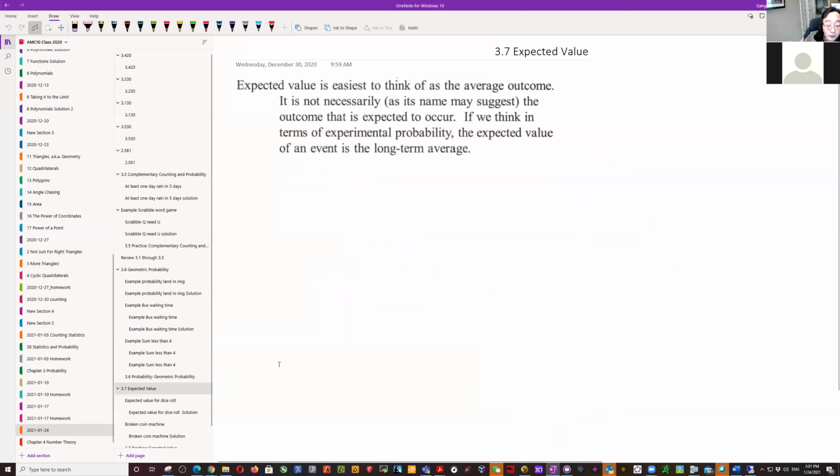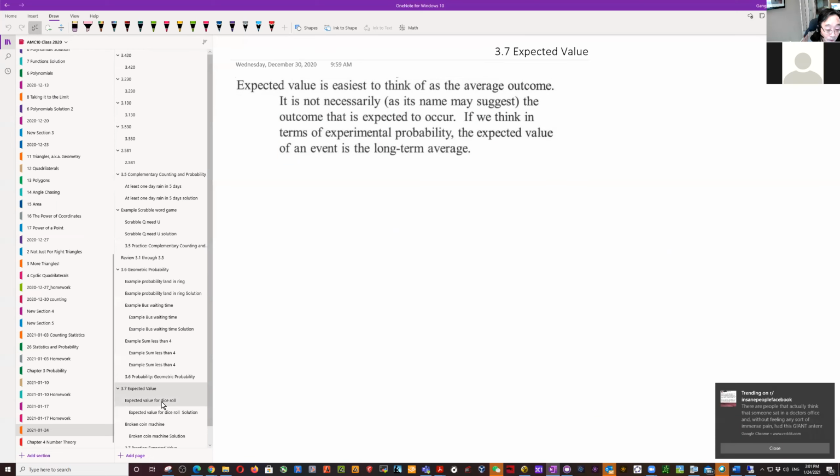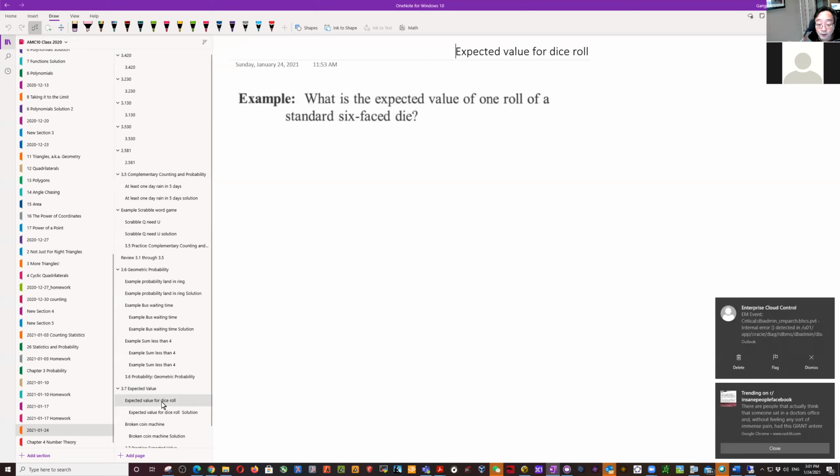And then we are digging into the problem on expected value. Expected value is basically averaging the ideal situation, the average outcome. The simplest problem: what is the expected value for one roll of a standard 6-faced die?